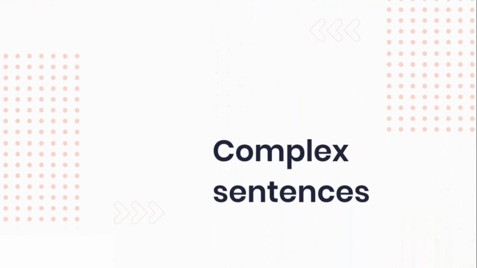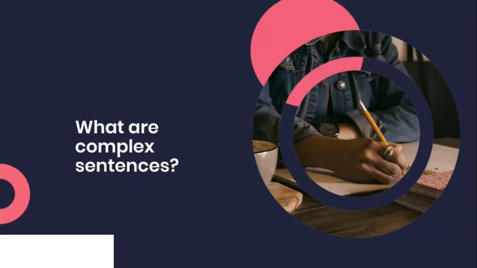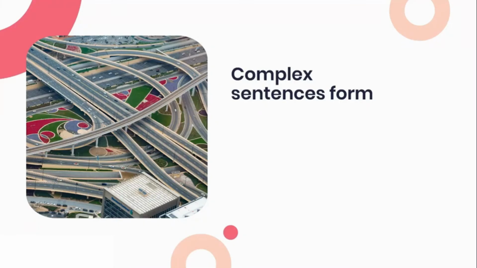Okay, now that you understand simple and compound sentences, it's time to look at complex sentences again. You've already had a taster of what complex sentences look like, so let's go over complex sentences in detail now. So, as we discussed earlier in this lesson, complex sentences contain one independent clause and one subordinate clause.